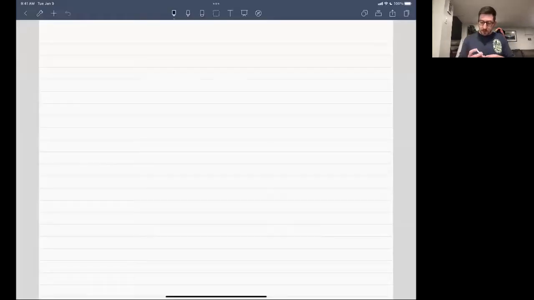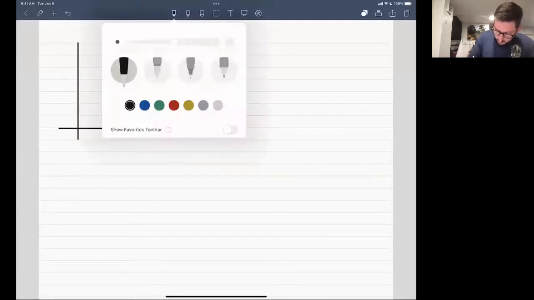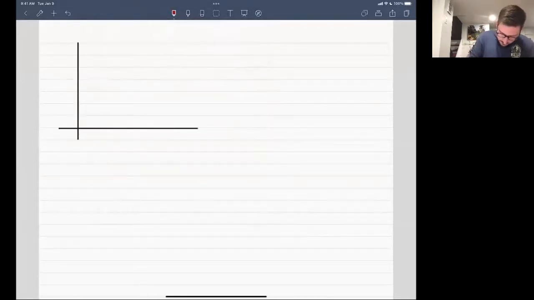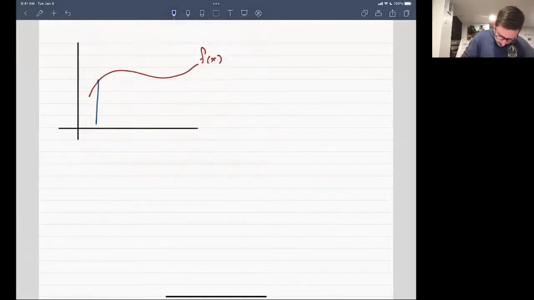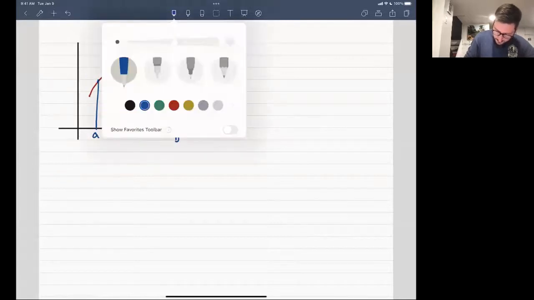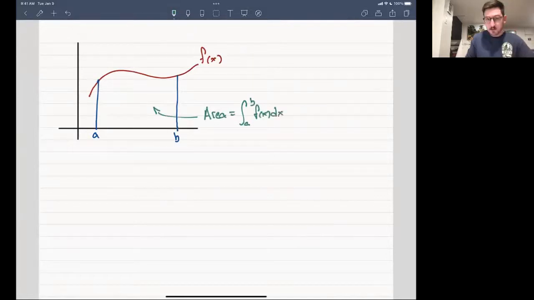Now, you probably remember from your calculus class that an integral is abstractly capturing the area underneath a curve, right? So maybe we have some kind of function, say f of x, and we are looking between, say, a and b, and we would say that this area in here is equal to the integral from a to b of f of x dx, right?